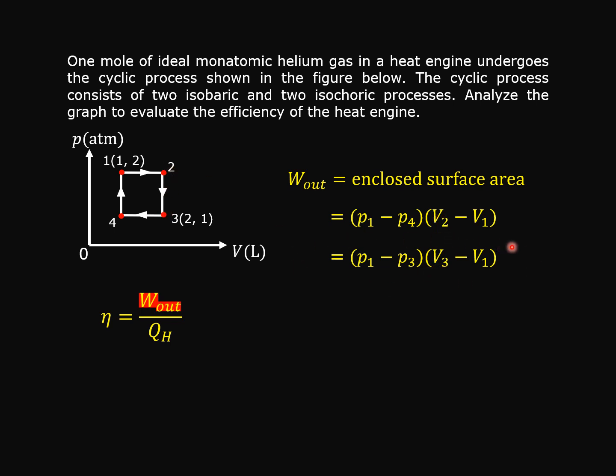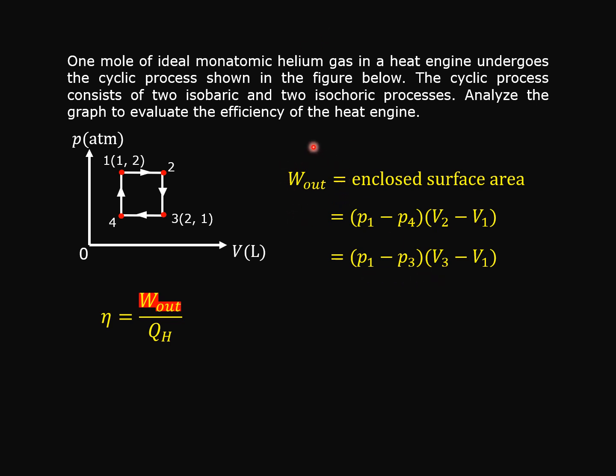The reason we take these steps, changing P4 to P3 and V2 to V3, is simply because the coordinates of state 1 and state 3 are given. So everything that we calculate, we try to express in terms of the coordinates of state 1 and state 3. That's why here you see the subscripts only for 1 and 3.